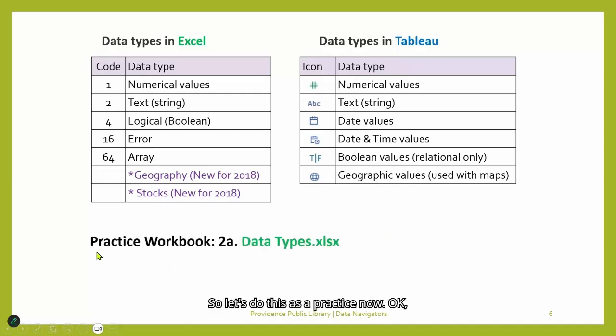So let's do this as a practice now. Okay, I'm going to open this data types Excel workbook and I will demonstrate that. Tomorrow I will upload that in our Google Classroom. Please take a moment to download that and then practice on your own.